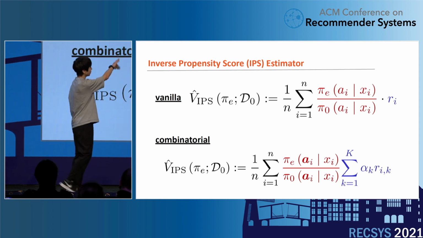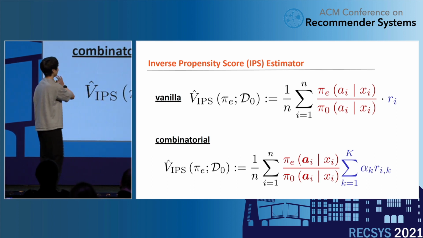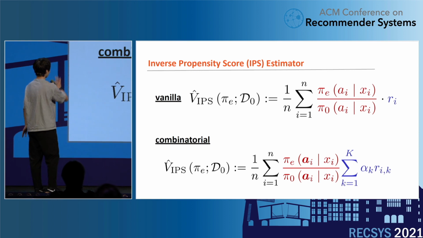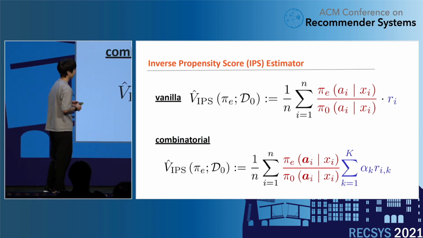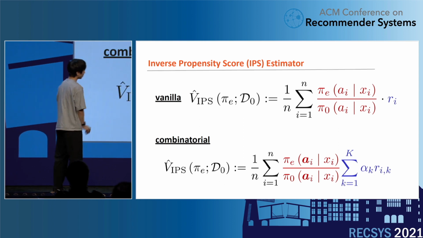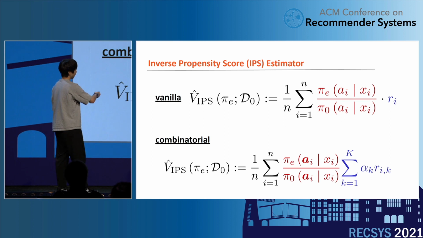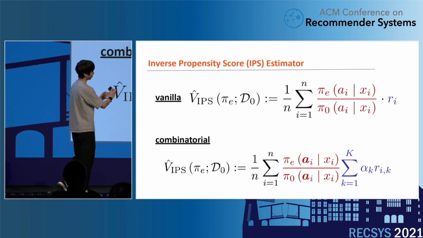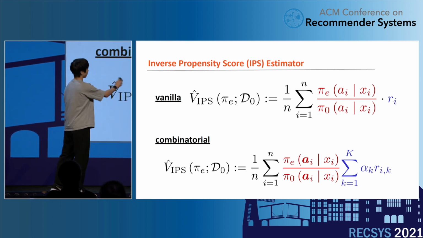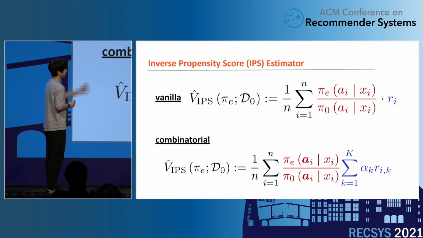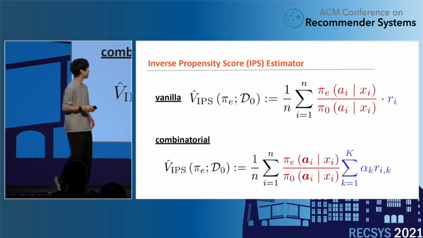This is just a single discrete action for the vanilla case. The combinatorial action case is our current topic. And this is still a weighted average of the reward observations, but the importance weight is over the combinatorial action, and the reward is now the summarization of the k different rewards, but this is a scalar value now, right? So this is the same.